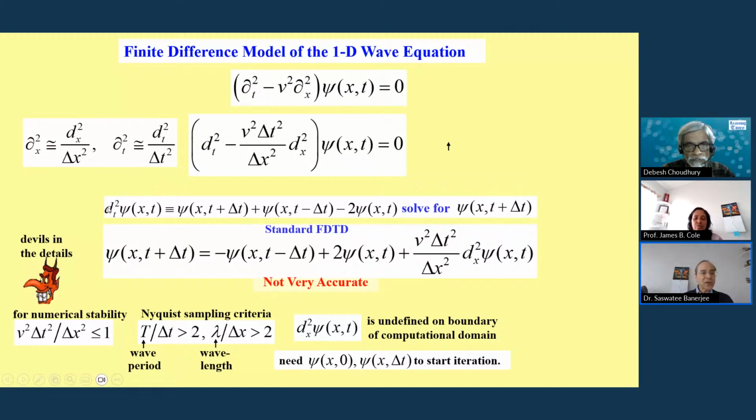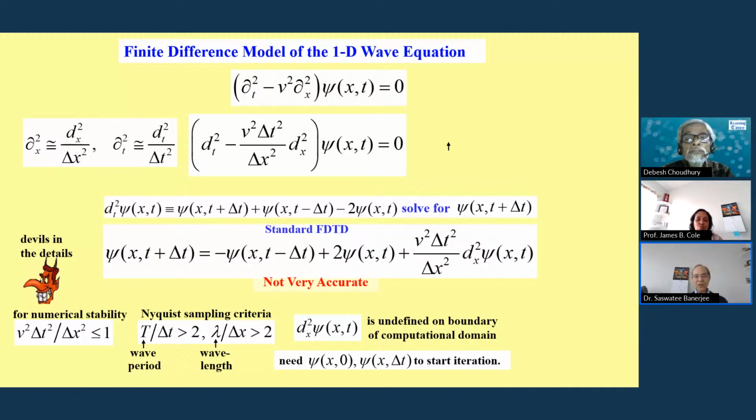Now, using the definition of the second difference operator, which I showed you before, we have this delta t squared acting on psi, and now we solve for psi of x, t plus delta t. This is the textbook algorithm of FDTD that you will find in textbooks.